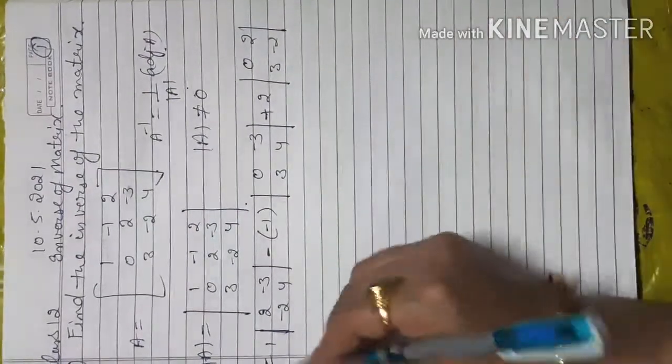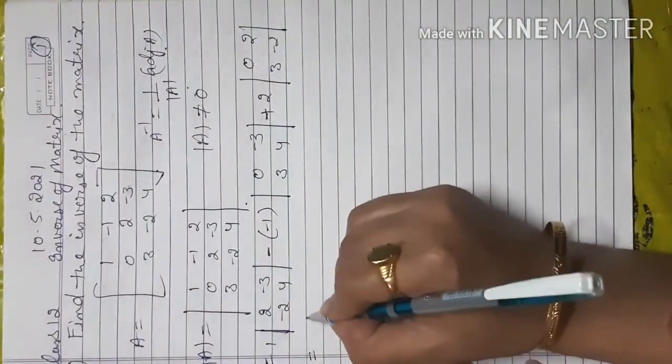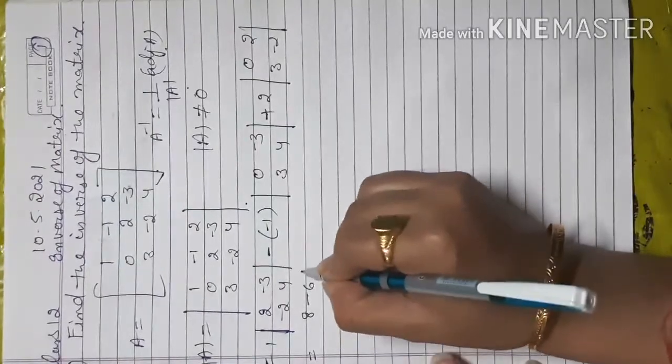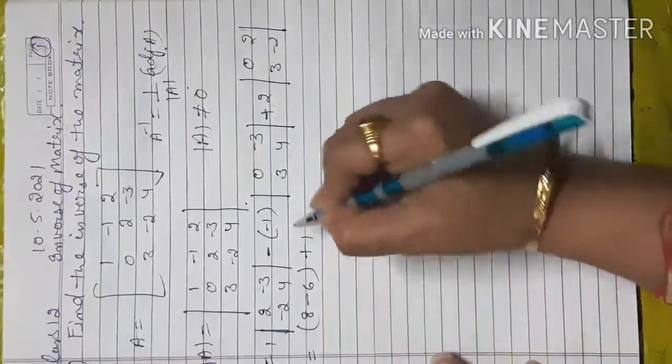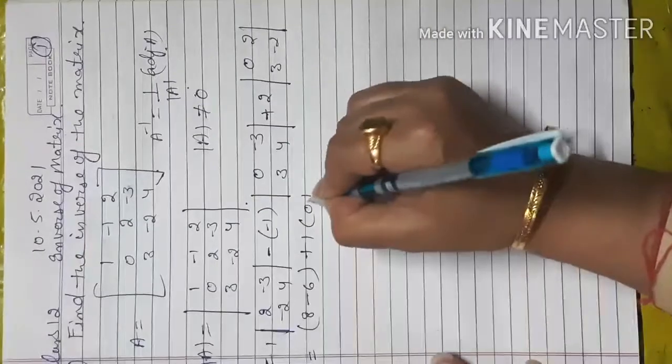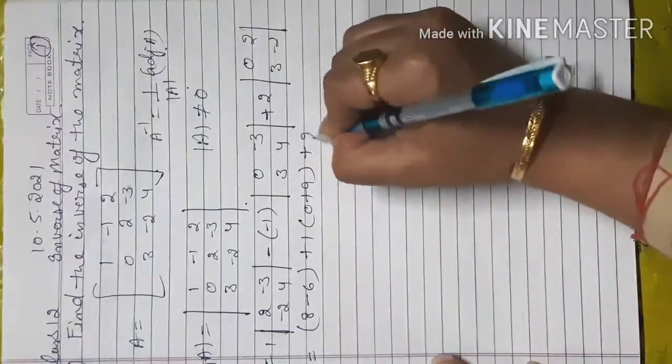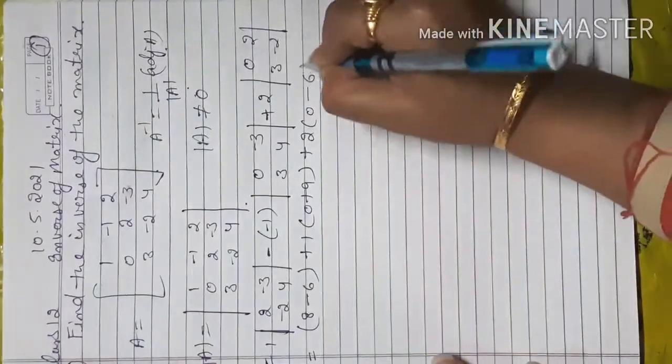Now if I calculate this, it gives me 8 minus 6, then plus 1 times 0 plus 9, then plus 2 times 0 minus 6.